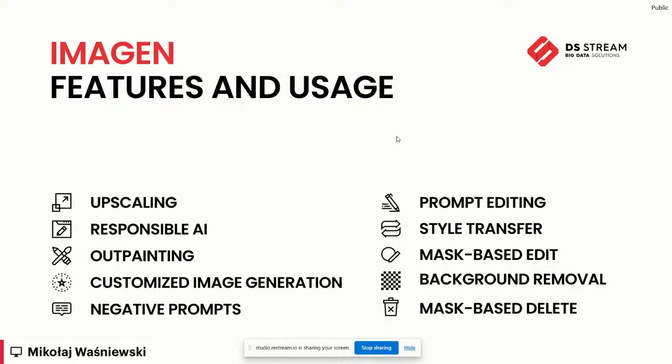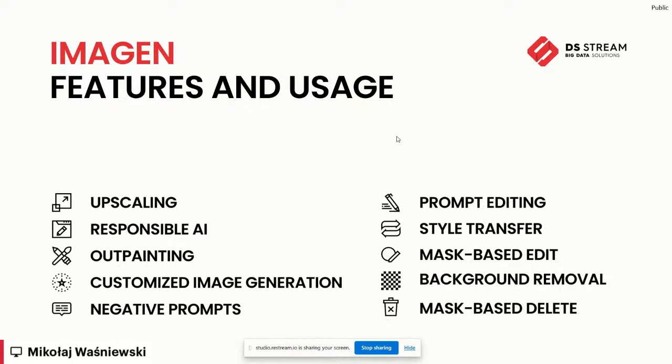But what I recommend is that, if you are interested in Imagen, you create a Google Cloud account and play with Imagen by yourself, because the free tier is quite generous, and you can test all of the features of Imagen and Gemini also.